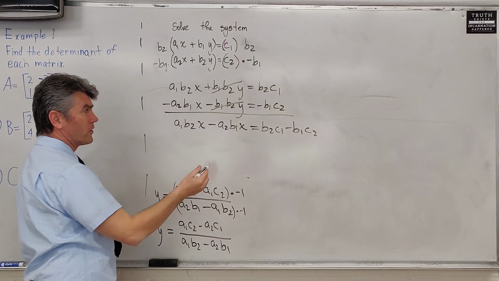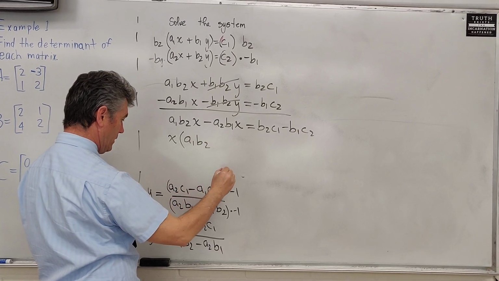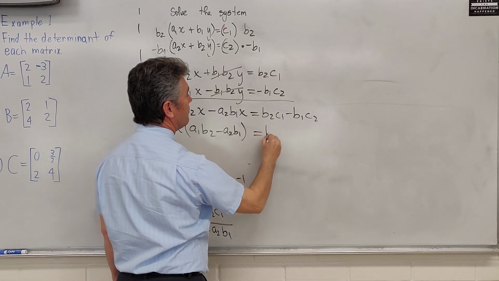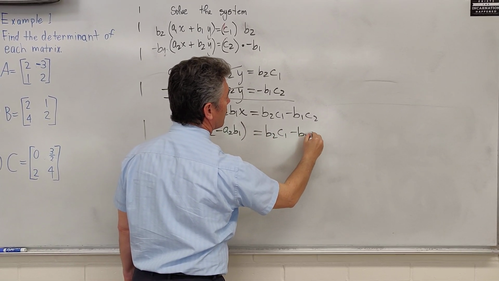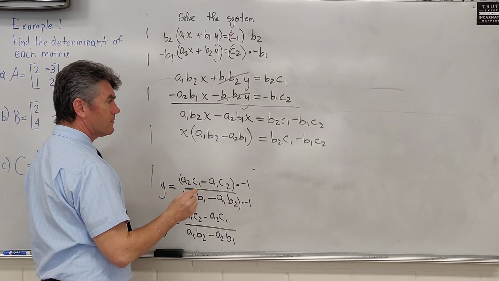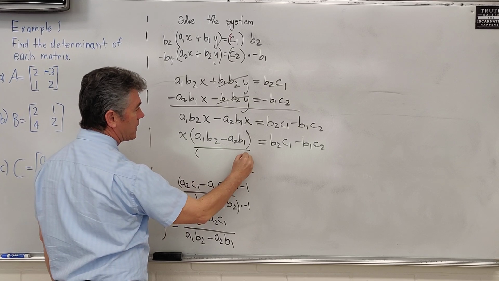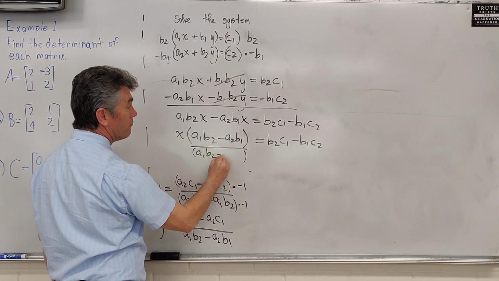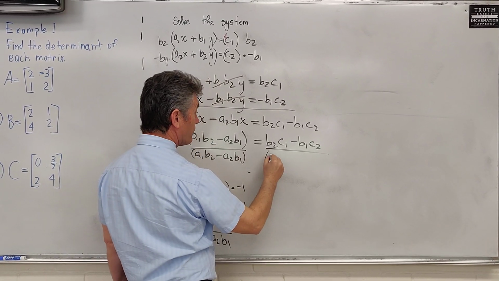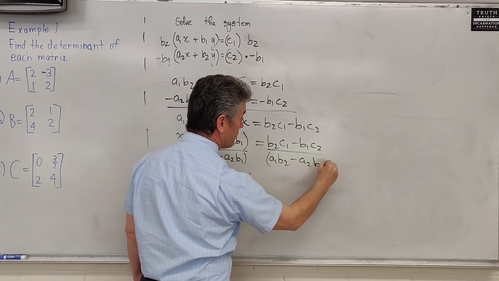Just as before, we're going to factor the x. x times a sub 1 b sub 2 minus a sub 2 b sub 1 is equal to b sub 2 c sub 1 minus b sub 1 c sub 2. And what do we get? We divide now by a sub 1 b sub 2 minus a sub 2 b sub 1 on both sides.